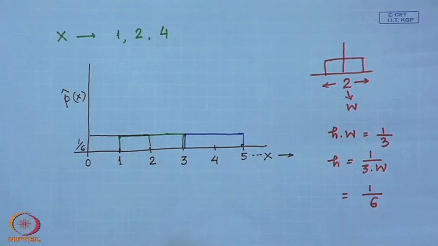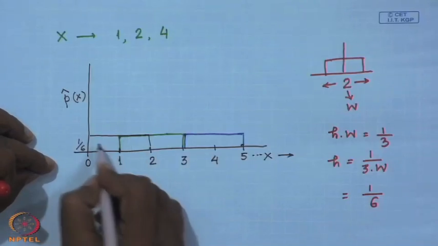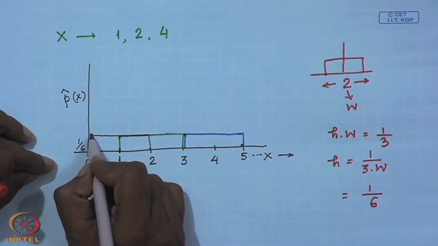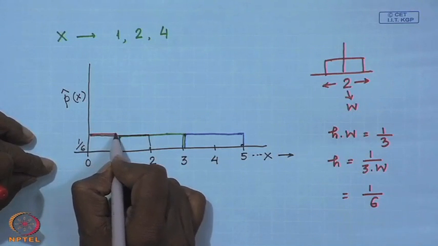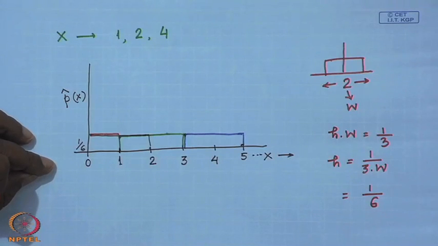So, once I have this, the sum of all these areas gives me an estimate of the probability density function, right. So, if I add them up, you find that from location 0 to 1 in this range, I have only one window. So, the height of this window will remain 1/6.